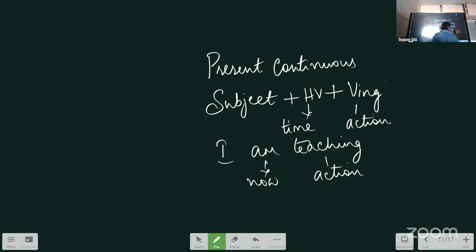The helping verb must be is, am, or are. If any one of these three helping verbs is there, it is present continuous. Okay, so how do I understand present continuous?